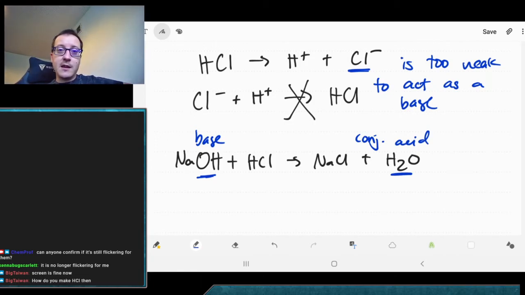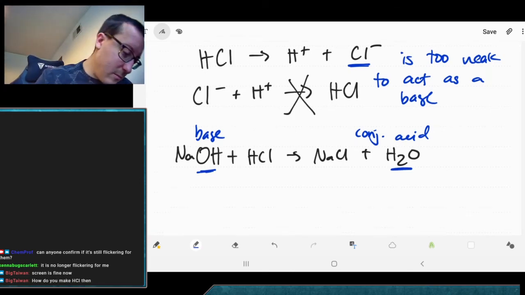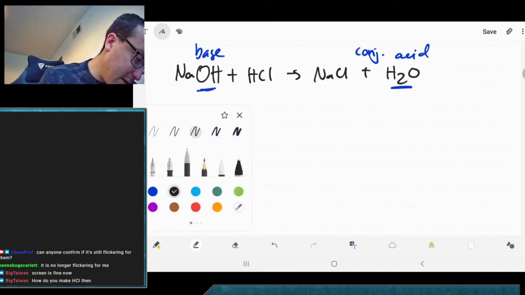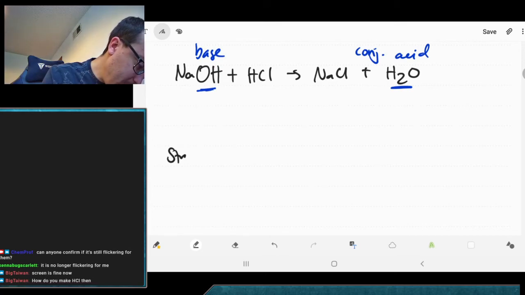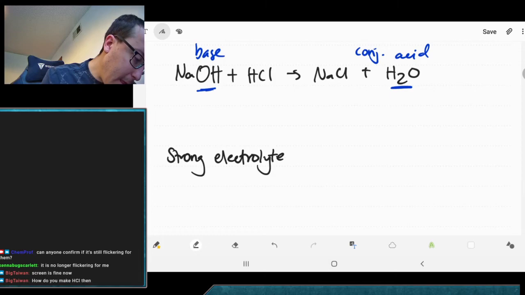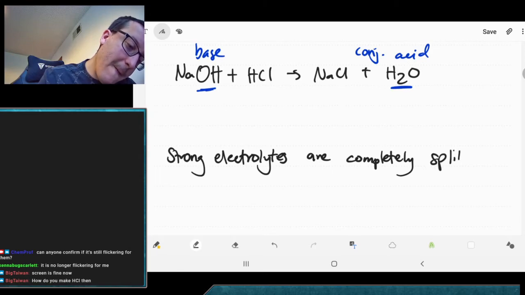We already take it as having split up. So remember that for strong electrolytes, they are completely split up in solution.